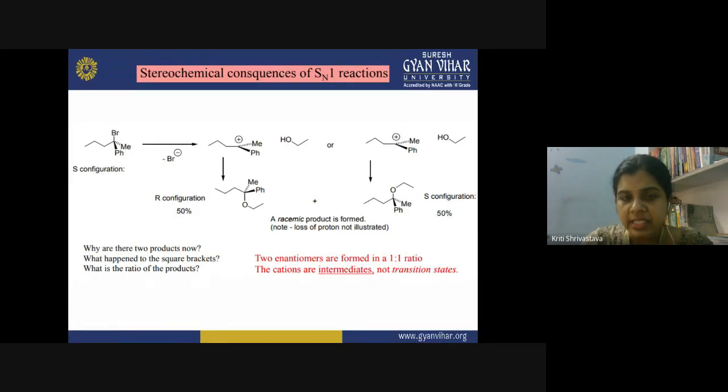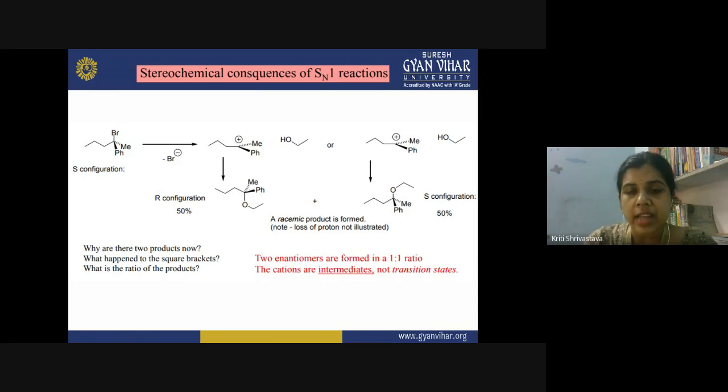And as a result, if you see what the optical activity of the product is, you get a racemic product here. A racemic product does not mean that the optical activity is lost. Rather, it shows that the R and S isomers are formed in equal quantity. So overall, your product becomes racemic, because of the equal probability of the nucleophile attacking either side of the molecule.